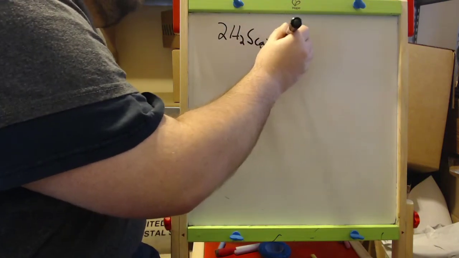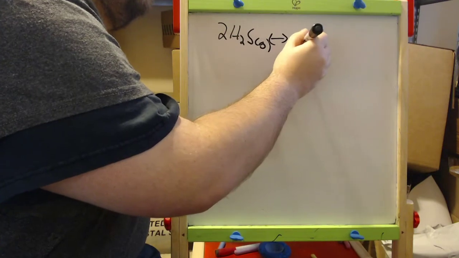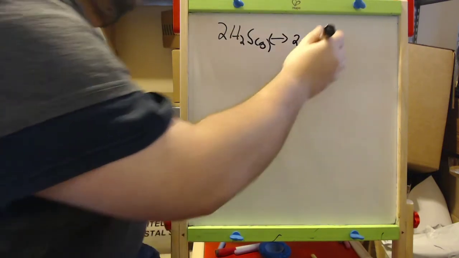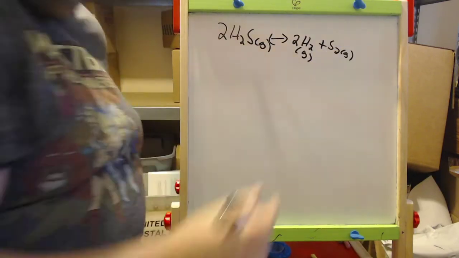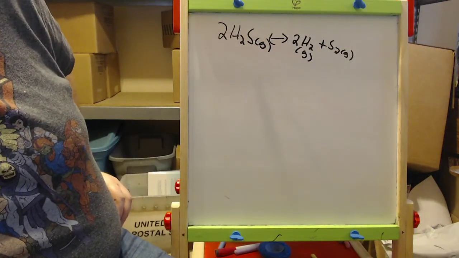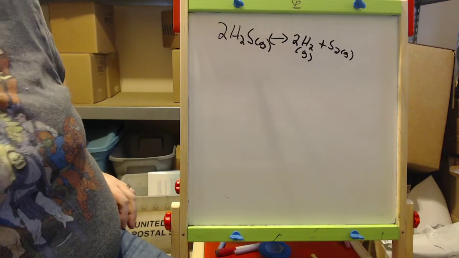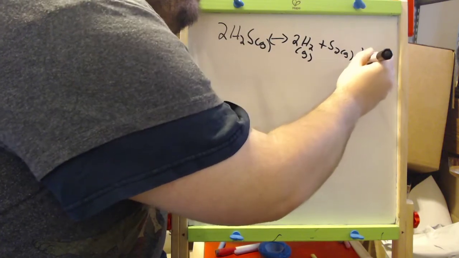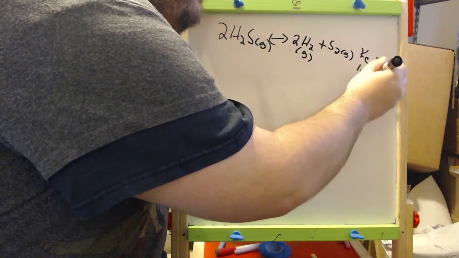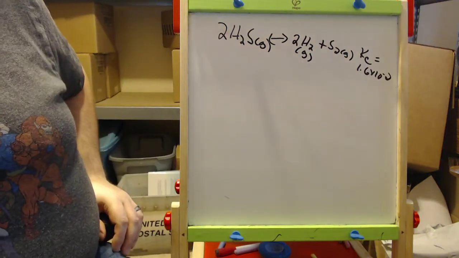At equilibrium with 2H2 gas and S2 gas. And the Kc value is 1.6 times 10 to the negative second. All right, there's our reference equation.